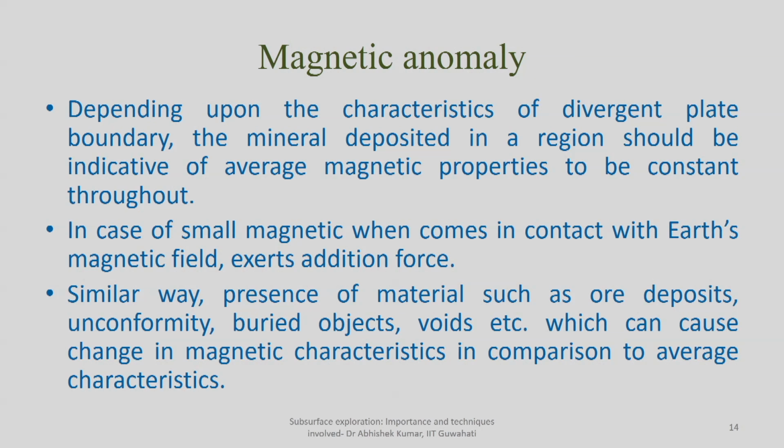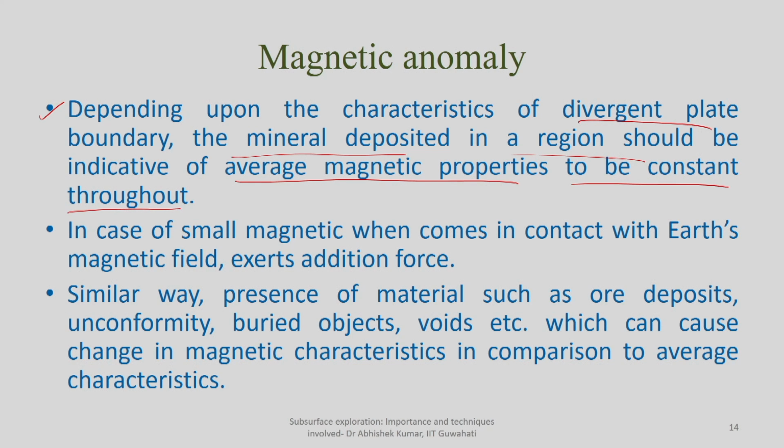Depending upon the characteristics of the divergent plate boundary, the mineral deposition in a region should be indicative of average magnetic properties. The mineral which has been deposited under the same pole configuration will show almost the same type of magnetic properties, or to be constant, or on an average not significantly varying.